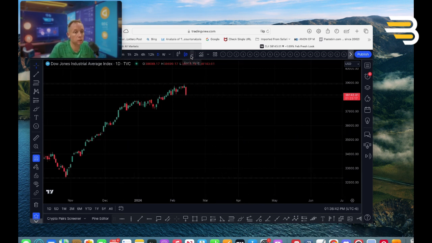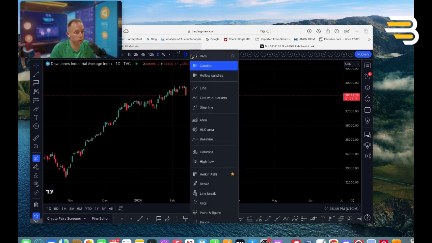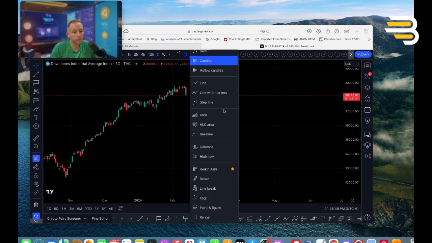When we're using TradingView or whatever charting platform you use, these are going to be your different types of candlesticks. At a certain point I would like to start talking about Renko candles, because I think there are some simple strategies behind that, even for beginners. But for the most part, you want to be using these candles here.